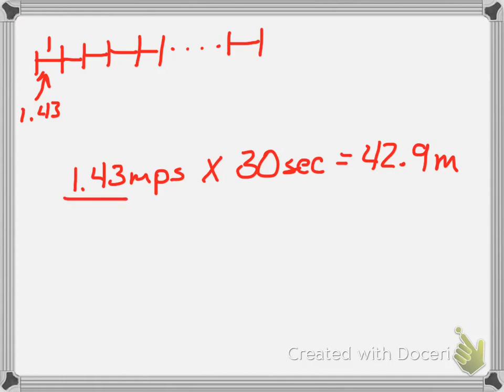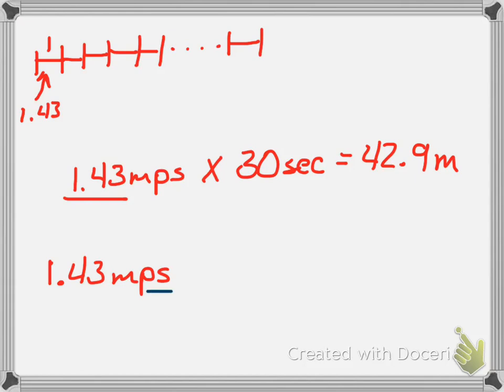The next part of the section said, what if you walk for a certain number of minutes or a certain number of hours using the same rate? And really all I'm going to be doing at that point is scaling up. So I start out with that 1.43 meters per second. In this situation, I'm dealing with seconds.